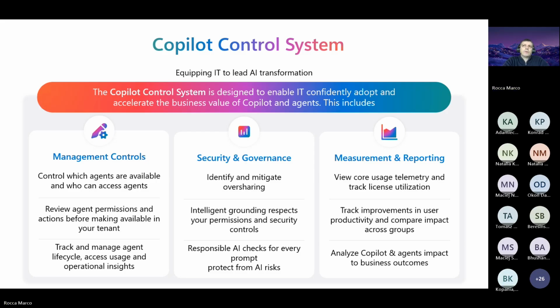Today, we don't have only ChatGPT 4.1, 5, etc., but it's possible to use other large language models, or it is possible to introduce integration with Azure AI Foundry and create our custom model. It's important, and the Copilot Control System allows you to manage this part too.